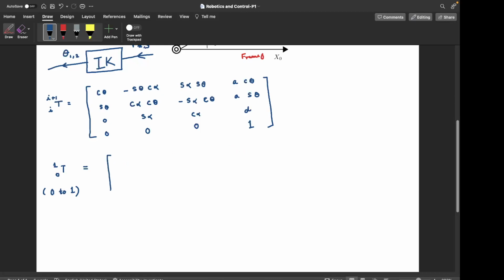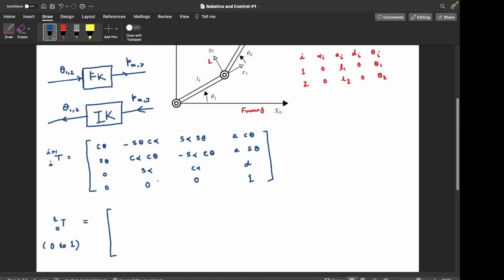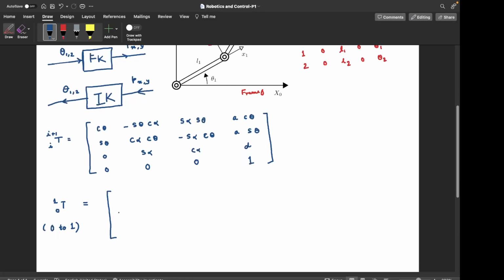So for 0 to 1, we would put the values in the first row of the DH table. So alpha and D are 0 and A and theta are L1 and theta 1 respectively, right? So this D term would go to 0, these alpha terms would be 0, right?